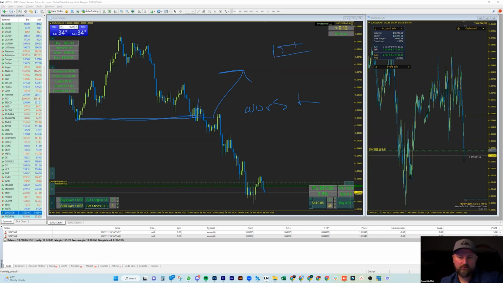So after the first test and it pops up, even a candle or whatever, I like to put my sell layer here. The reason being is because it's a lot easier to fix here than, say, it does pop down, get you in, and then goes back the other way. This is hard to fix. So you're closing out for a bigger loss, right? And so that's why I don't do that, but you definitely can.